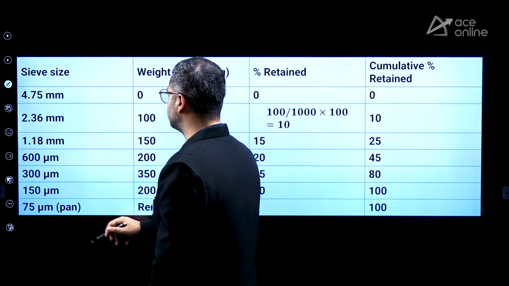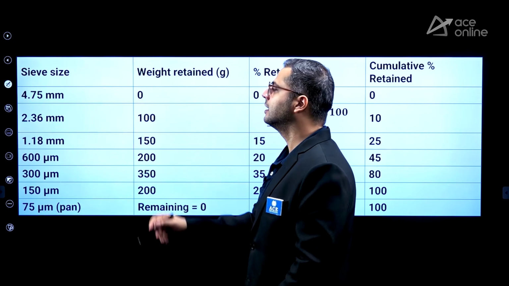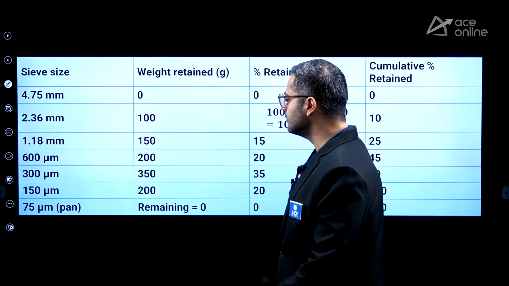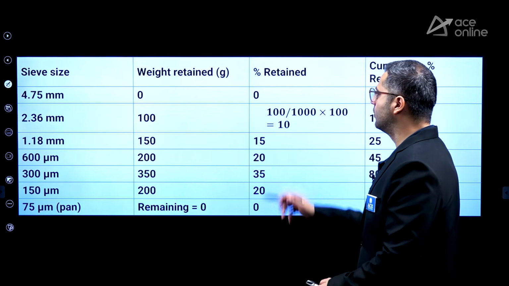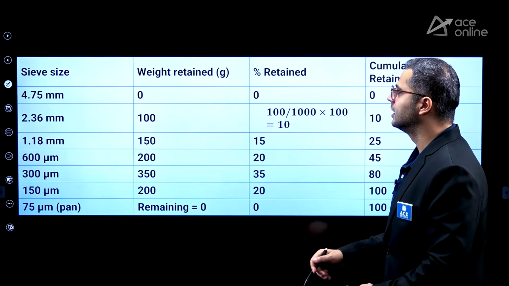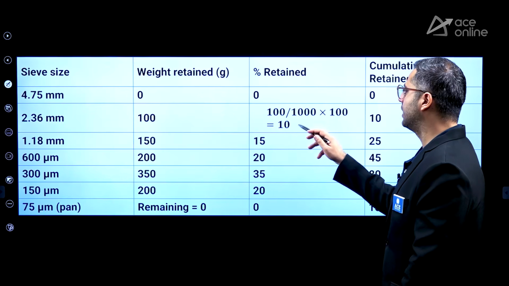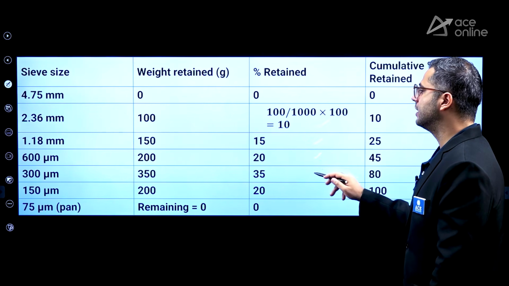So these are your sieves and the weight retained, how much weight is retained, it has been mentioned in the question itself. Total weight is 1000 over here, so from that you can find out the percentage weight retained.